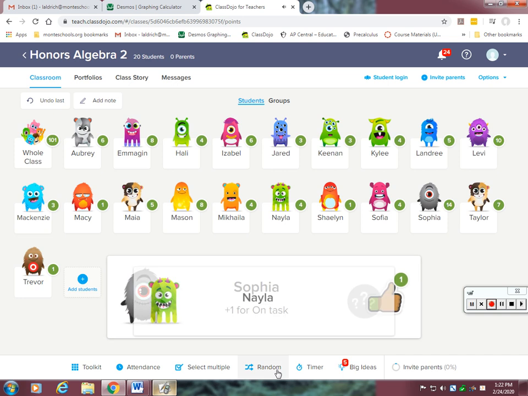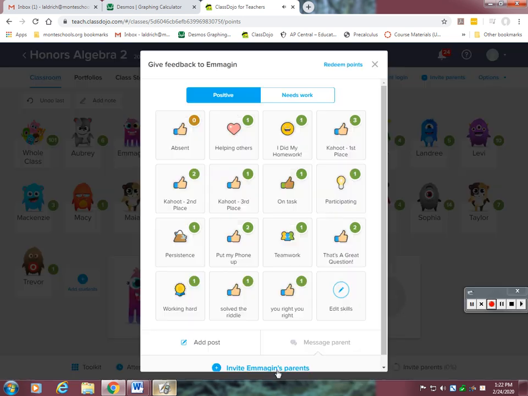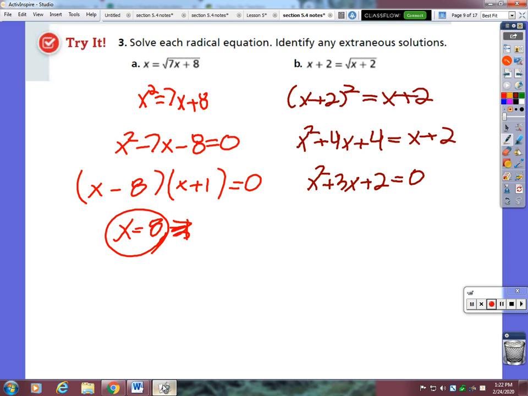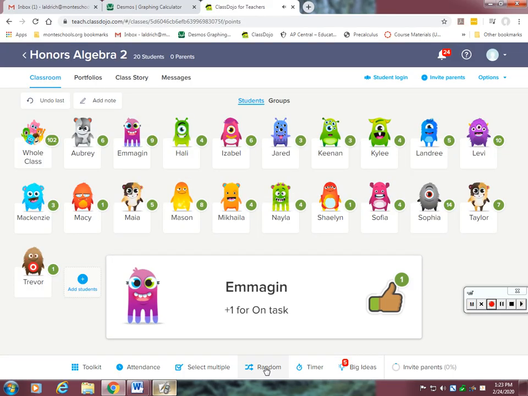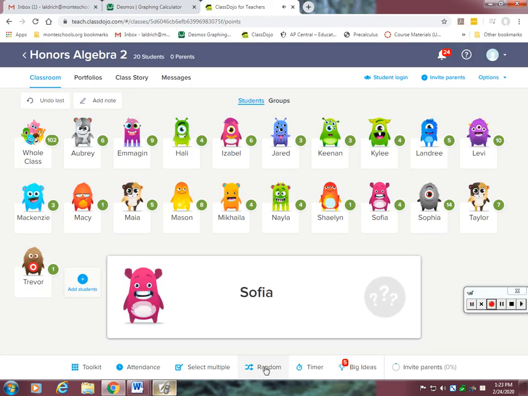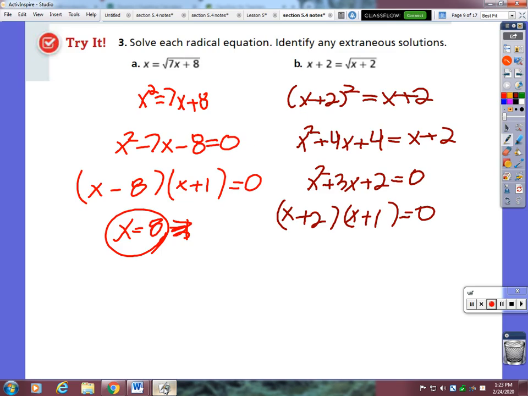And then how do you solve that, Emma? Other Sophie, what are my two answers based on this factoring here? Okay, negative 2 and negative 1.